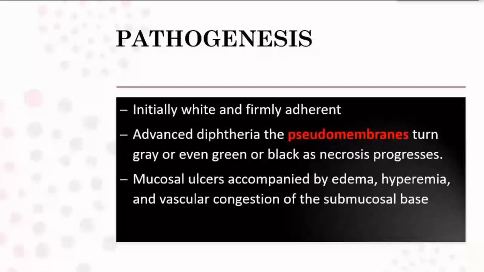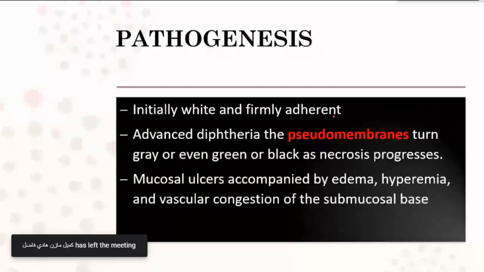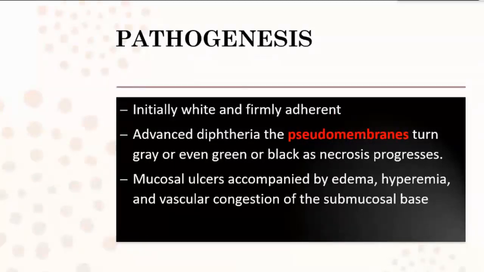What about the pathogenesis of diphtheria? There will be initially a white and firm adherent coat on the pharyngeal area. As the disease progresses, the pseudomembrane turns gray or even green or black. So a membrane over the mucous membrane. Why is it called pseudomembrane? So it is not the usual mucous membrane of the throat.